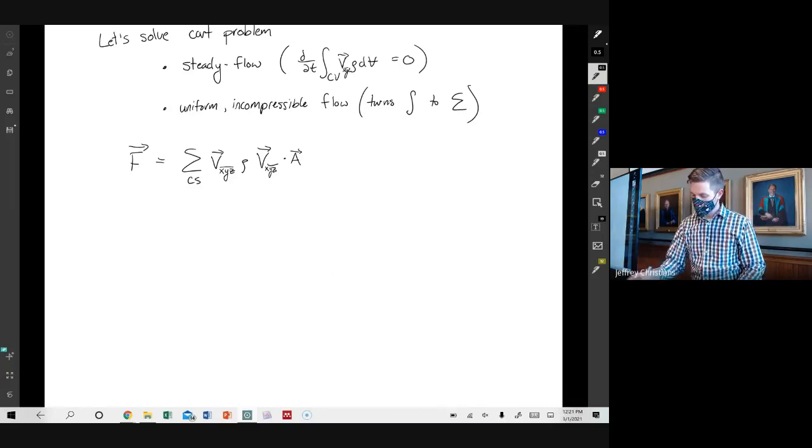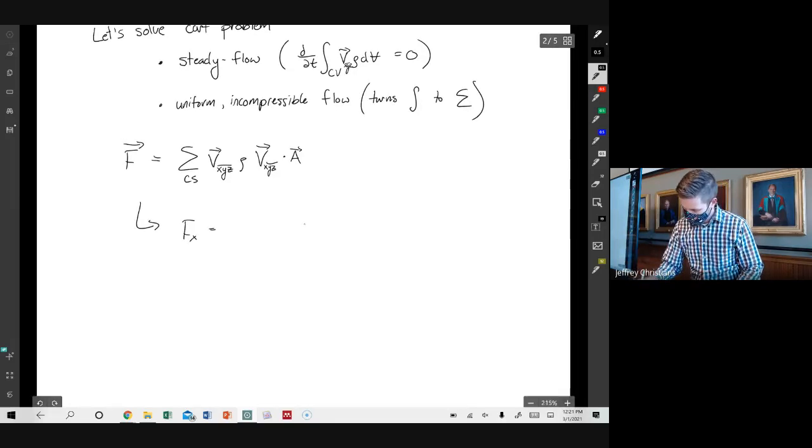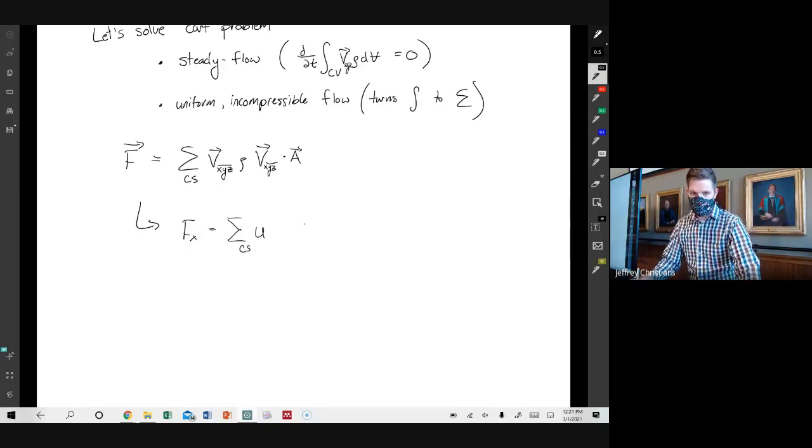This is in vector notation, but we can split this up into Fx equals the sum over our control surfaces of u. So let me again denote this as with respect to our reference frame.